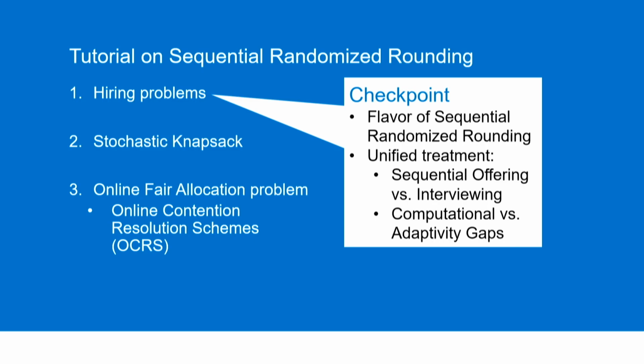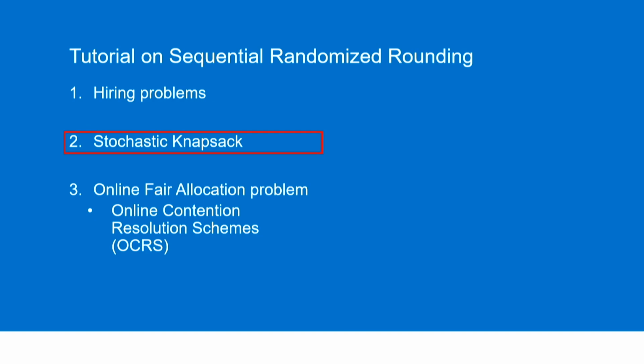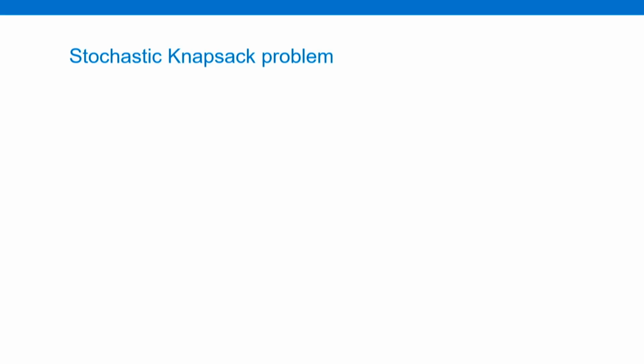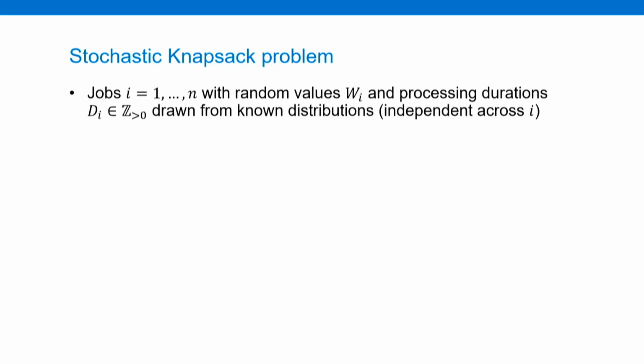So now I'm going to study a slightly more complicated problem, stochastic knapsack, that expands on some of these concepts. OK, so stochastic knapsack is the following problem. I now have jobs instead of candidates. They have random values, but they also have random processing durations. These are drawn from known distributions.